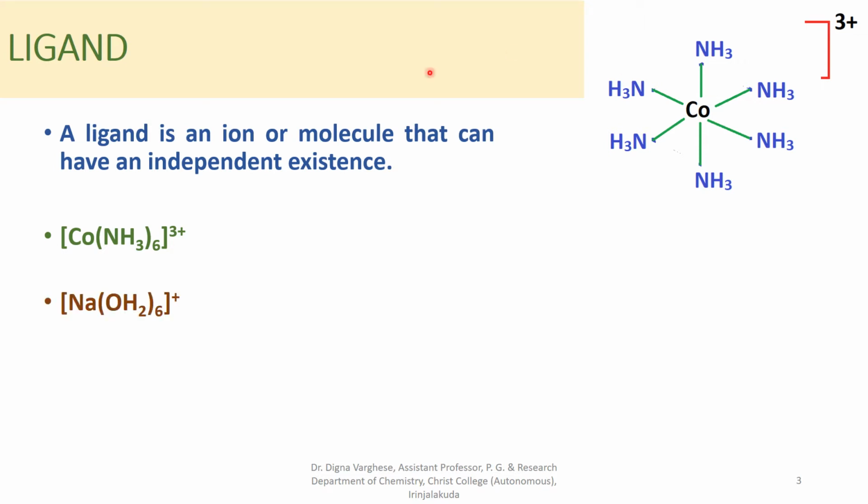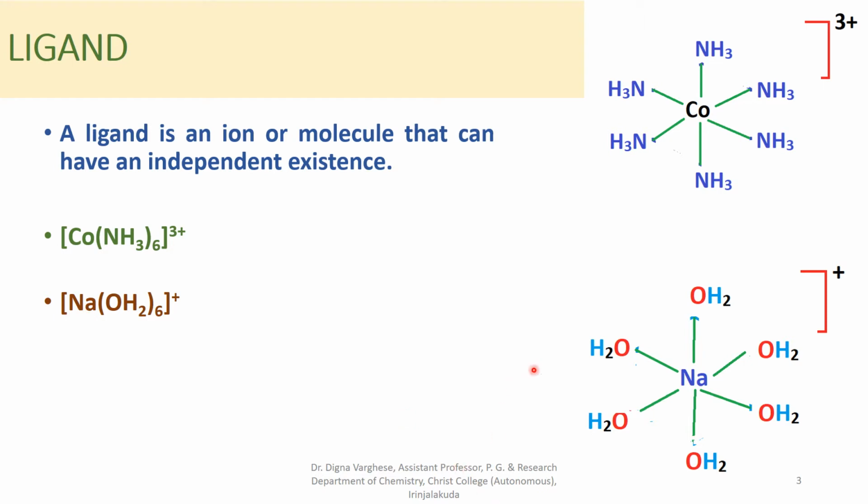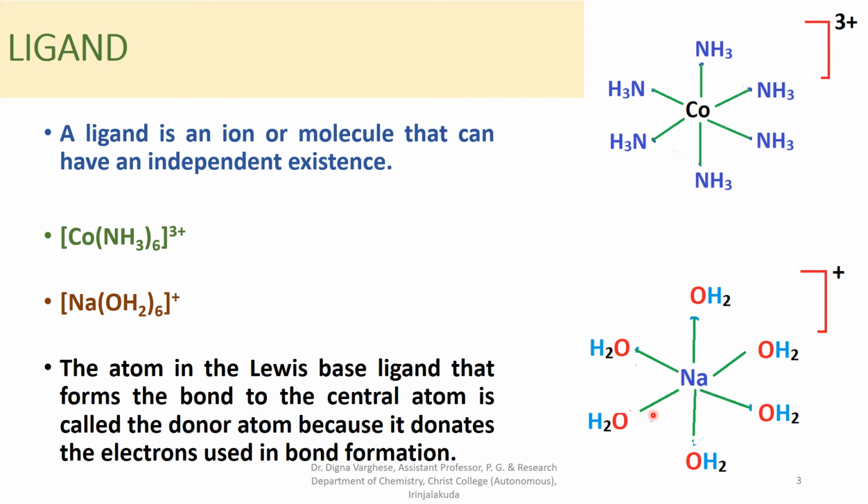Another example is the hexa aqua sodium ion. In this particular complex, the ligand is the water molecule and the central metal atom is sodium. So here we can once again define a ligand as an ion or a molecule that can have an independent existence. The atom in the Lewis base ligand that forms the bond to the central metal atom is called the donor atom.